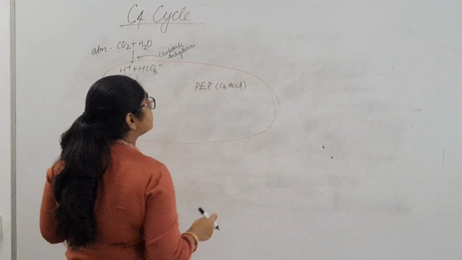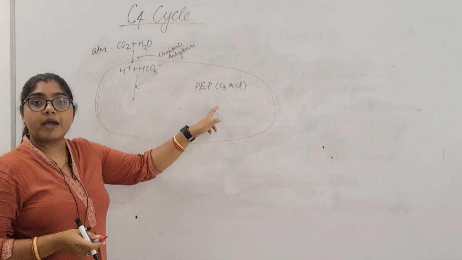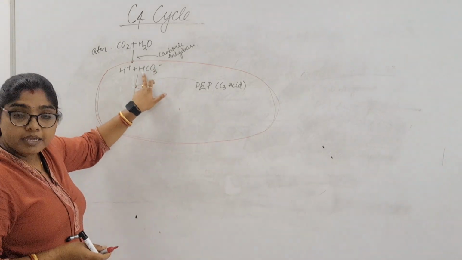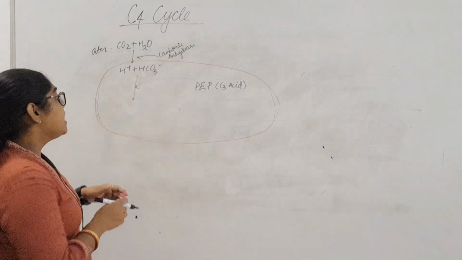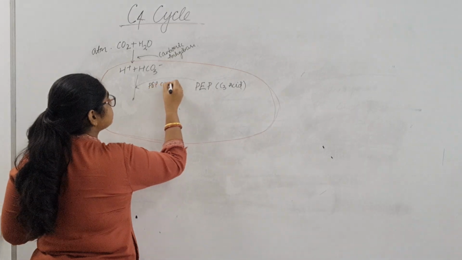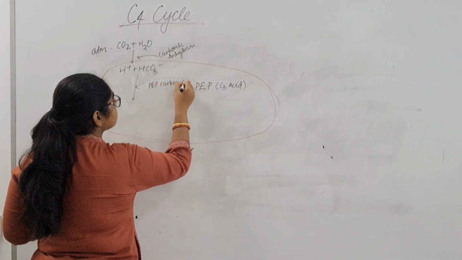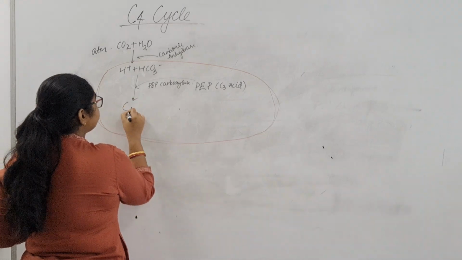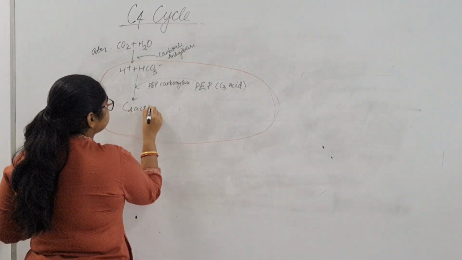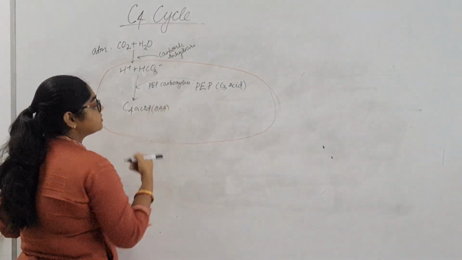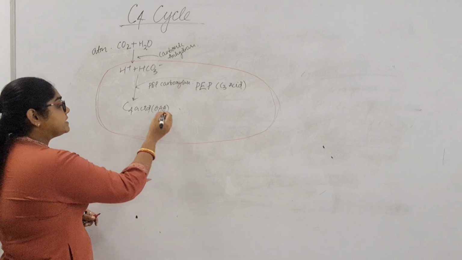Here the phosphoenol pyruvate accepts the bicarbonate form of carbon dioxide in the presence of PEP carboxylase, and it produces a C4 acid, the first stable product, oxaloacetic acid.